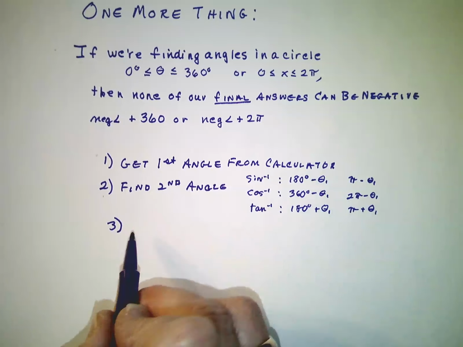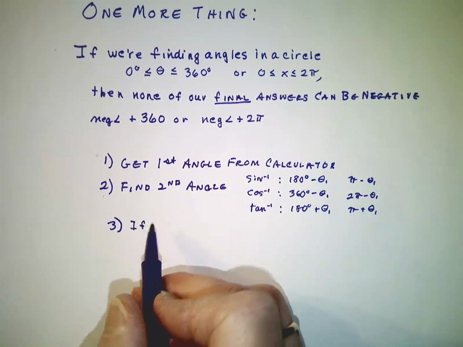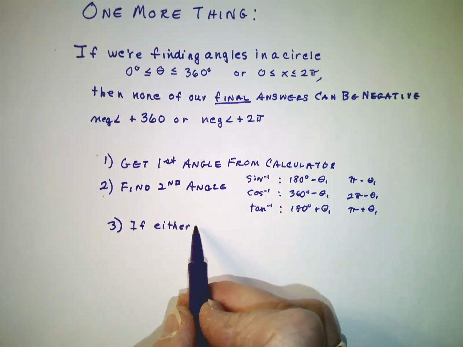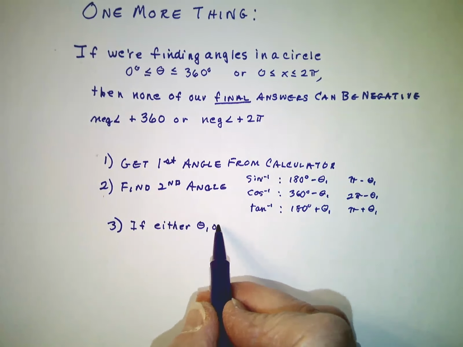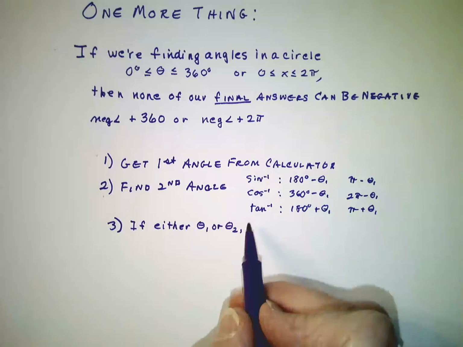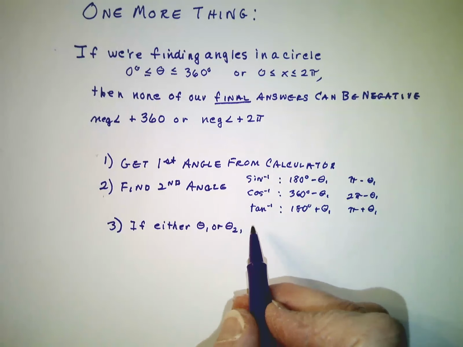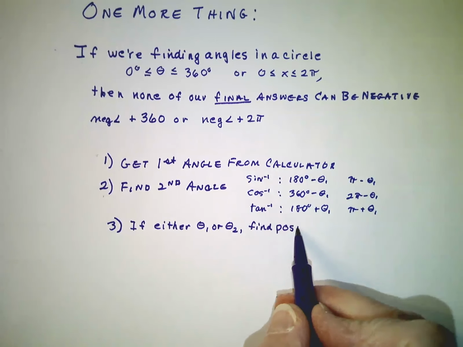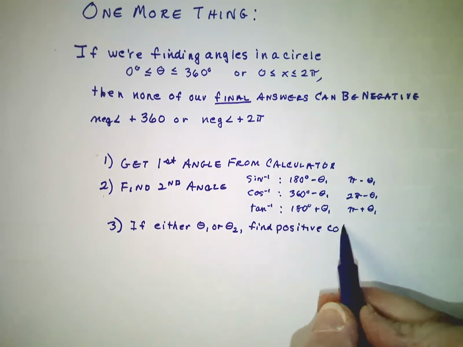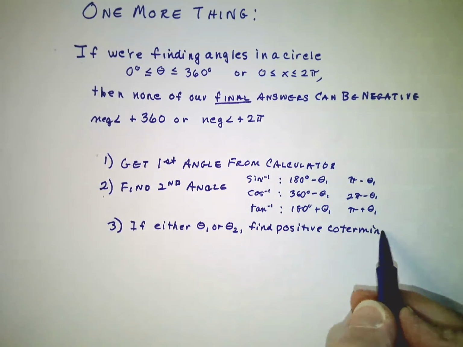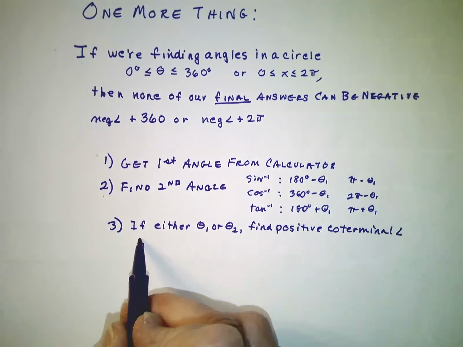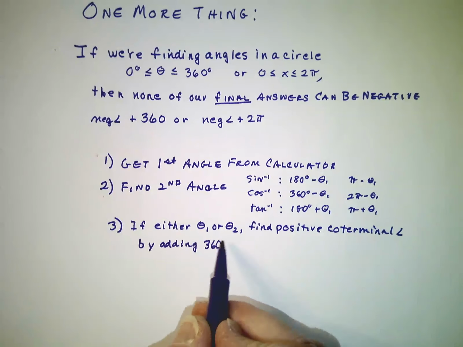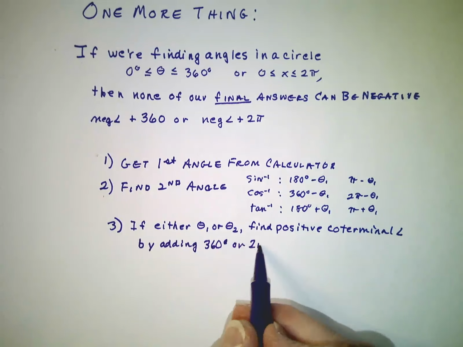But if either one of these two angles is negative, we find the positive coterminal angle by adding 360 if we're in degrees, or adding 2 pi if we're in radians.